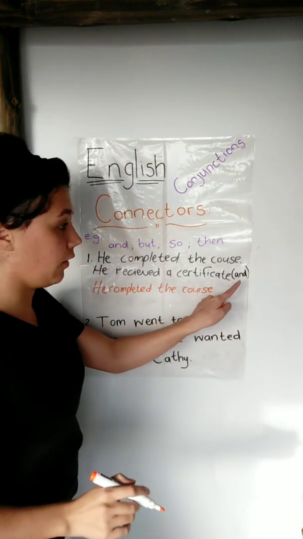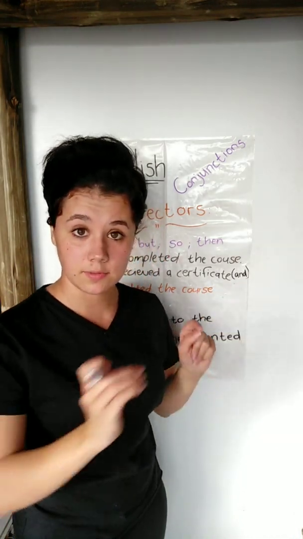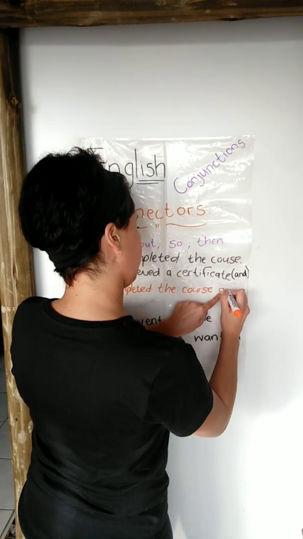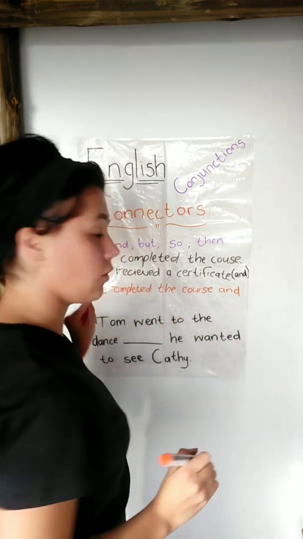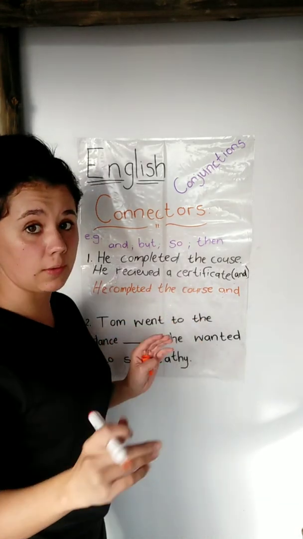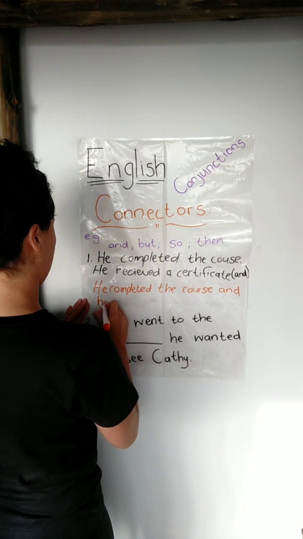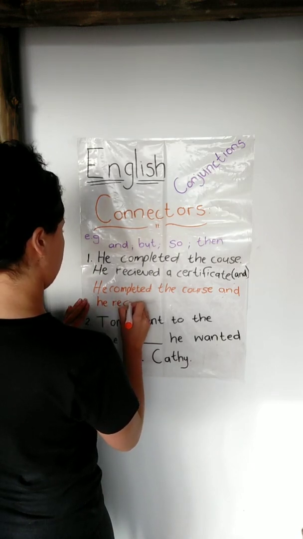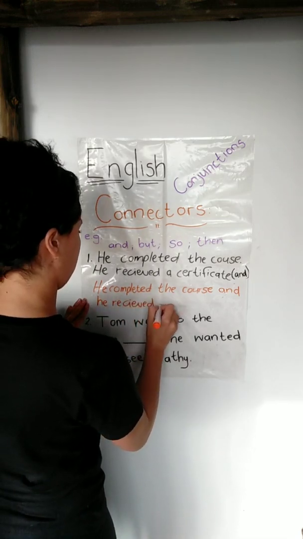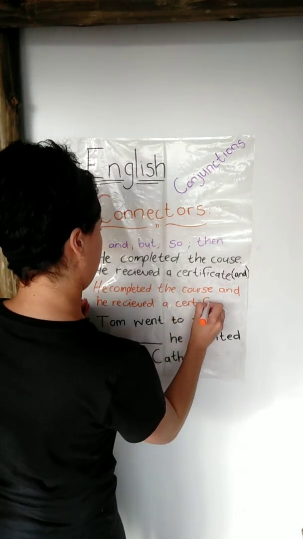Then, where you took the full stop away, you add the word that is in brackets at the back. And now you're going to start with a new sentence, but you need to remember it needs to be a lowercase because you're now making two sentences one. He received a certificate.